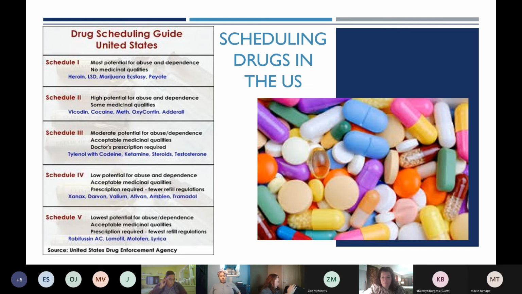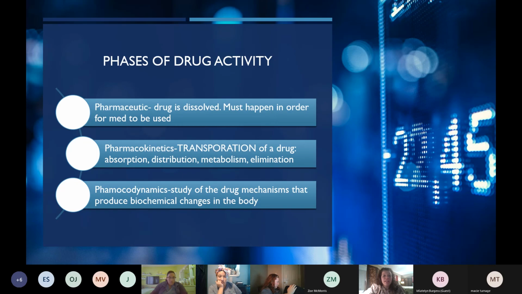Any more questions about that? Okay. So drug activity. There are 3 phases of drug activity, and this is what's happening to the drug once it is inside the body. The pharmaceutic phase is when the drug is dissolved.